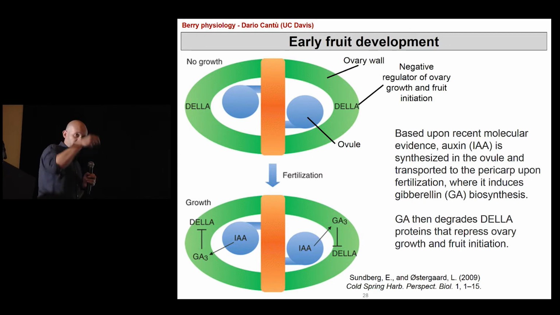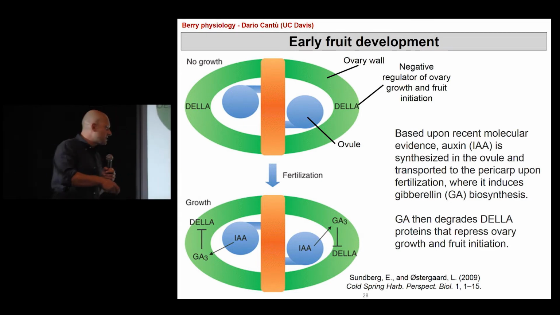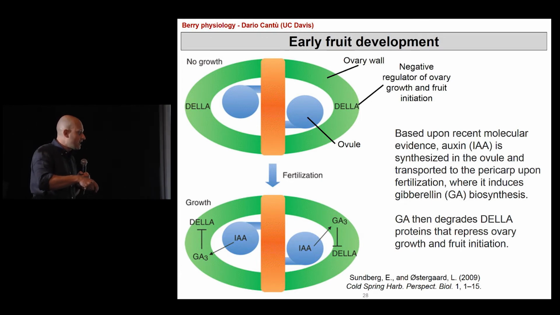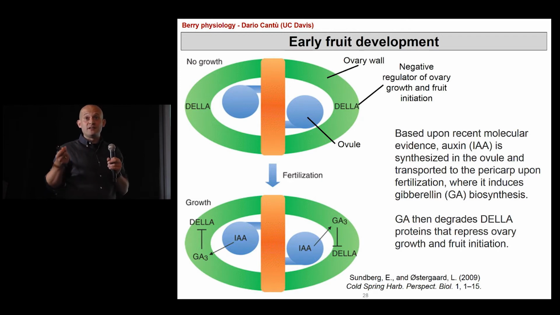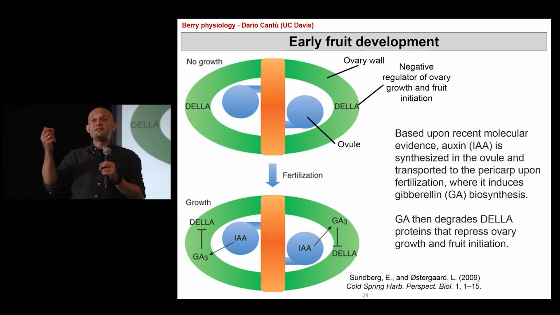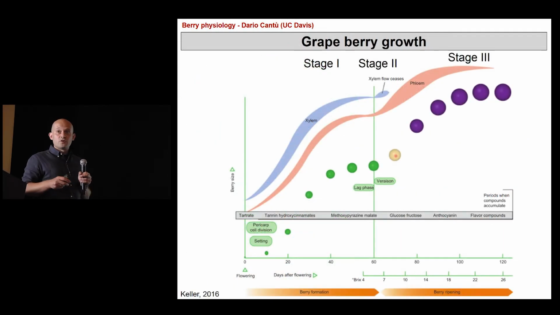When fertilized, the pollen grain goes in, fertilizes the egg cell, and the developing embryo starts producing a particular hormone called auxin. This auxin will diffuse by transport into the pericarp, the wall of the ovary, and induce gibberellic acid biosynthesis, which will trigger the cell division associated with berry development early on.